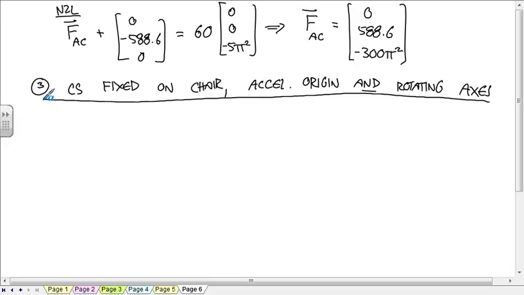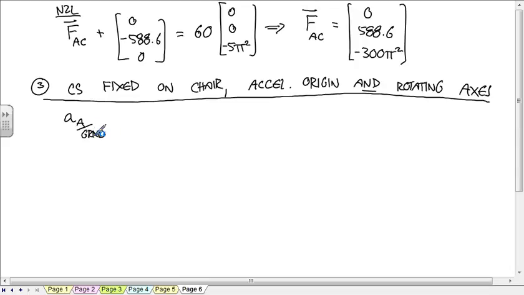So in this case, we need to think of the acceleration of the astronaut relative to the ground.